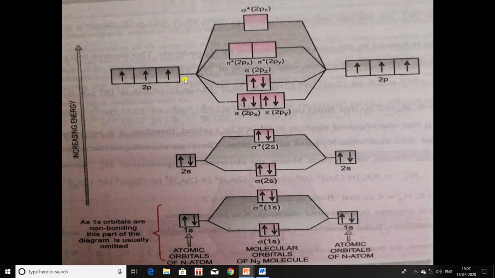This is for the first nitrogen atom. Similarly, here also for the second nitrogen atom, these are the 3 p orbitals. Okay. Now, when these 3 p orbitals combine with these 3 orbitals, then in total there are 6 orbitals, right? So now these atomic orbitals will combine together to form 6 molecular orbitals.